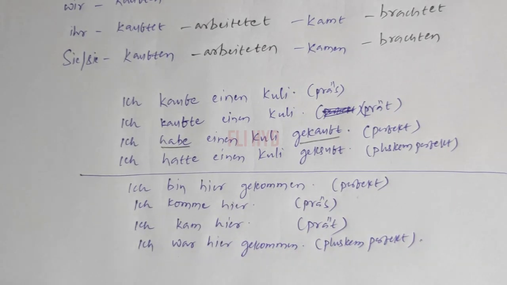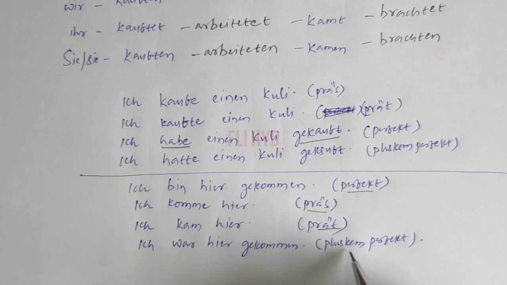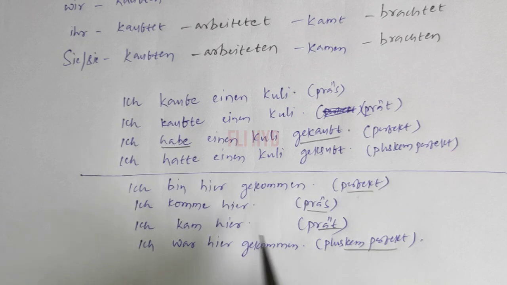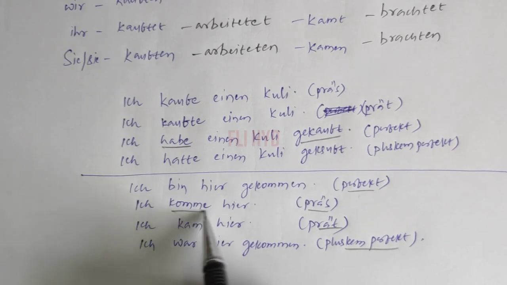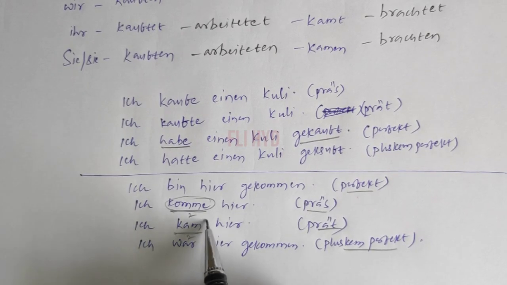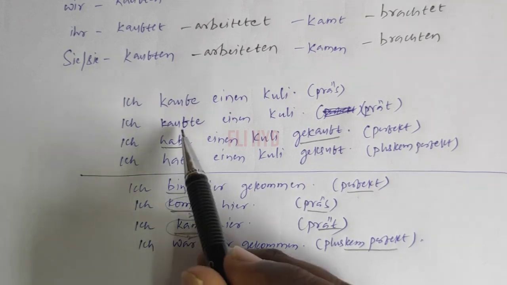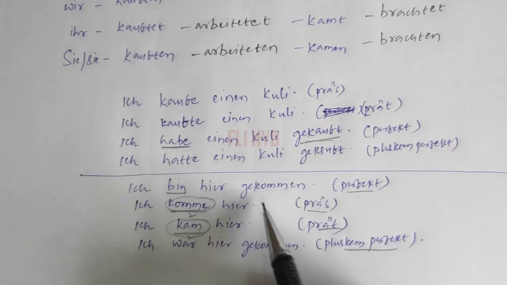Now you understand how we write sentences in the present tense, Perfekt, Präteritum and Plusquamperfekt. For present tense and past tense, the verb comes in the second place, in the present form or past form. If it is present perfect, haben oder sein comes in the second place and V3 goes at the end of the sentence.